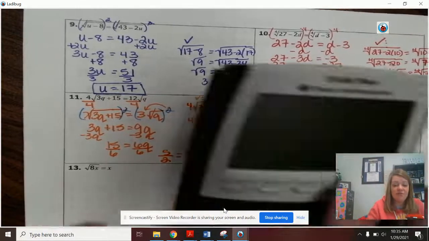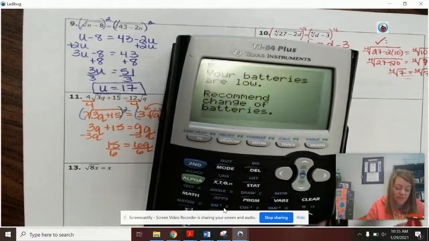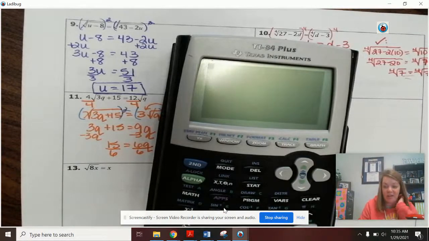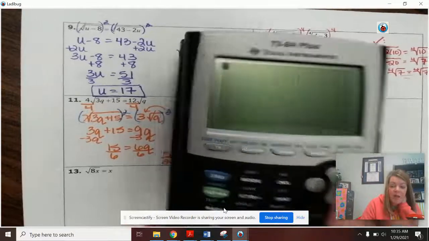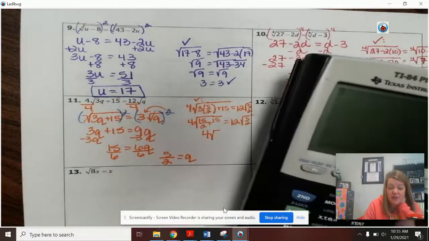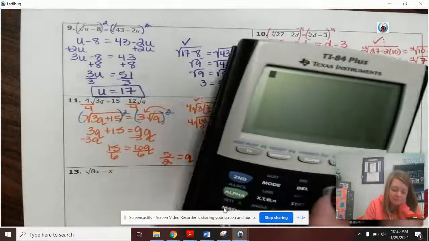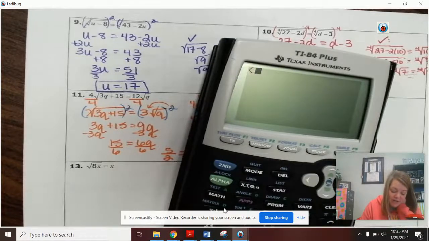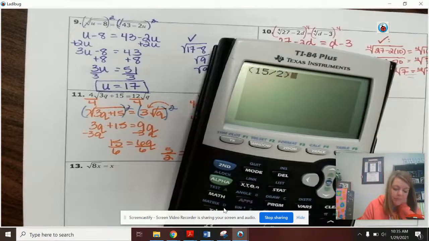I could also just do this in my calculator, which I'm going to show you guys, for 2 reasons. 1, I'm just checking, and 2, I can do all of this in the calculator and not necessarily worry about it, and I'm going to run out of room. So the way you do that is type in 15 divided by 2, okay?